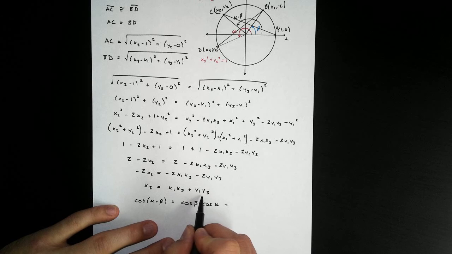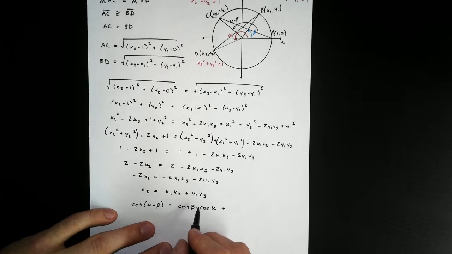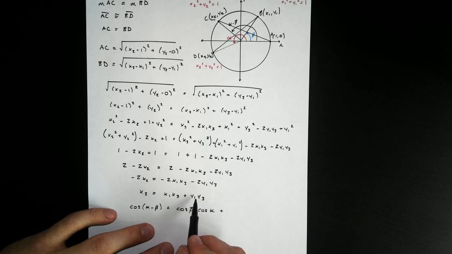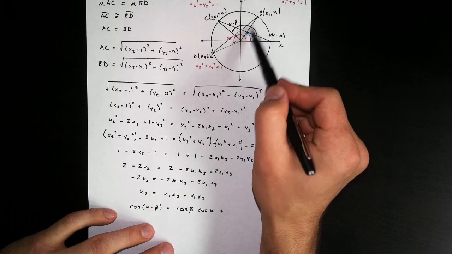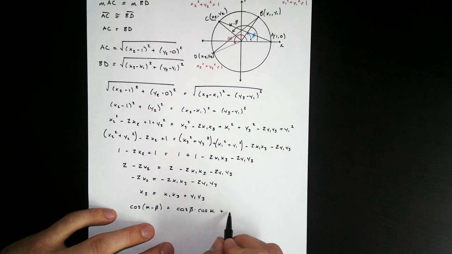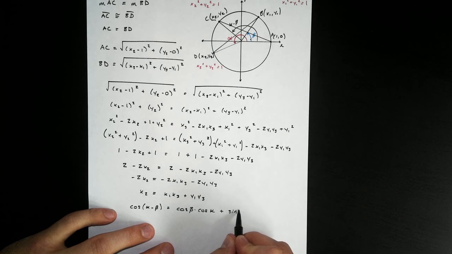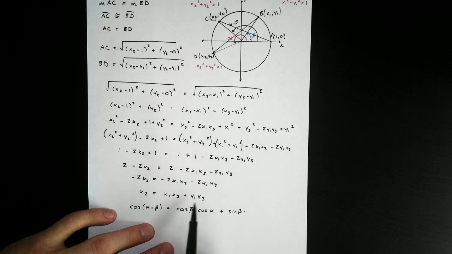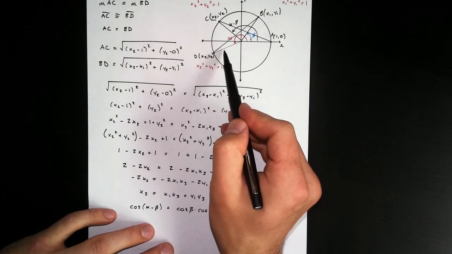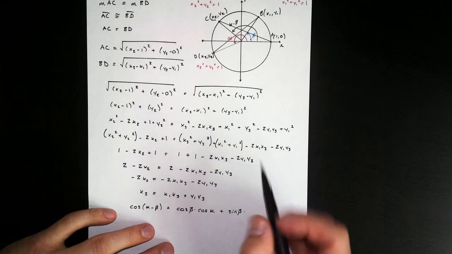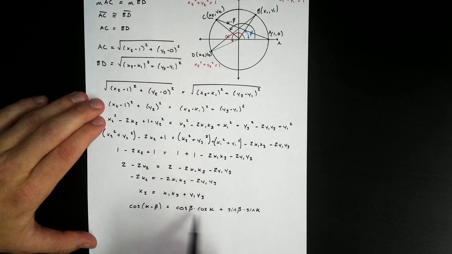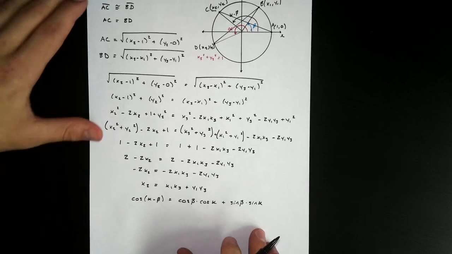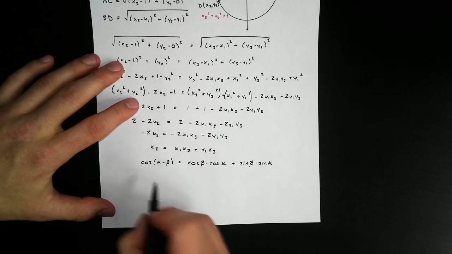And now for our second set there, the y's, same idea, but now we're just using sine. So y1 is right here. The angle that matches up with is beta, so that is the sine of beta. And then y3 is down here, and that goes with alpha, so the sine of alpha. Now I'm just going to switch the order around since multiplication is commutative.